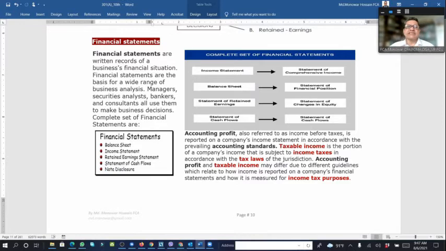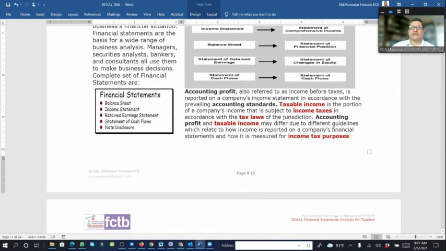So we can say that we have 5 components of financial statements: a statement of comprehensive income, a statement of financial position, a statement of changes in equity, a statement of cash flows, and notes to the accounts. And all are related with income tax.